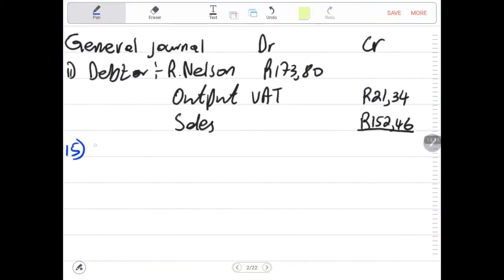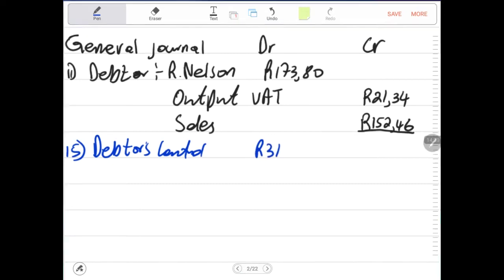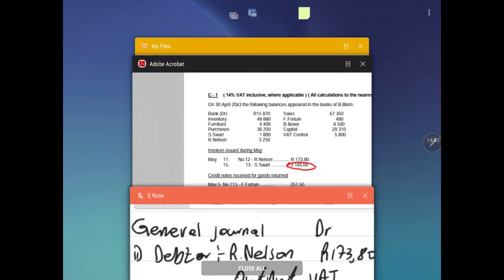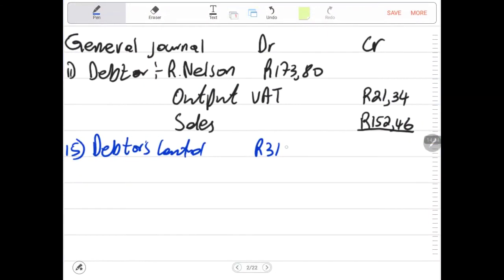So we still do the same thing. We debit debtors control, and I prefer to say debtors control. Then we record 3,185 as the amount that the customer is owing us, and we record the output VAT.